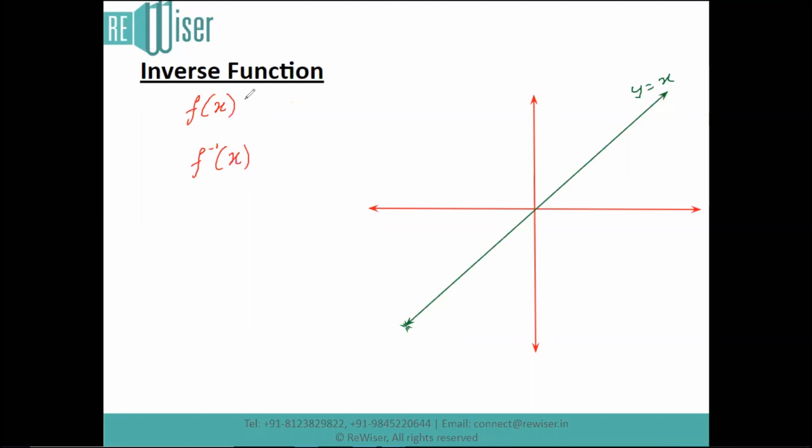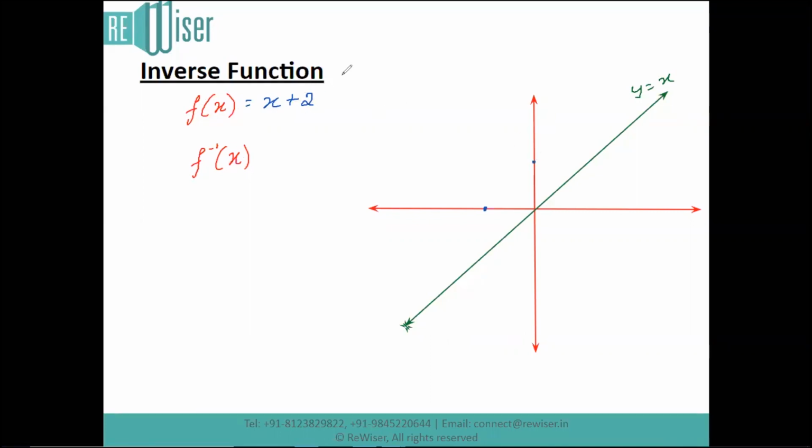If I take an example, let f of x be x plus 2. The x-intercept is when f of x is 0, which is minus 2, approximately here. The y-intercept is positive 2.